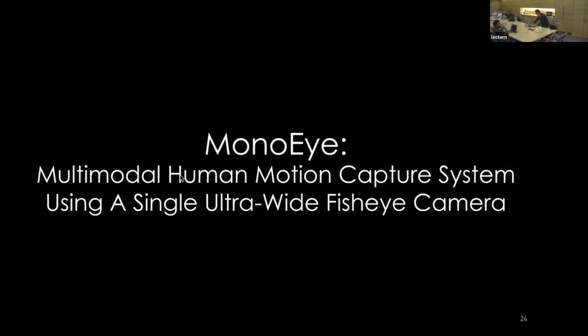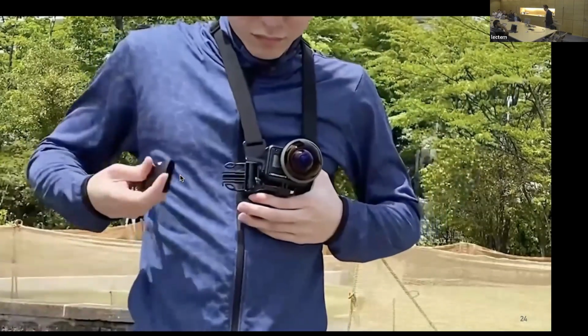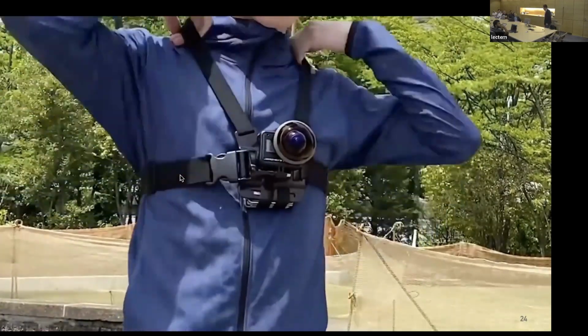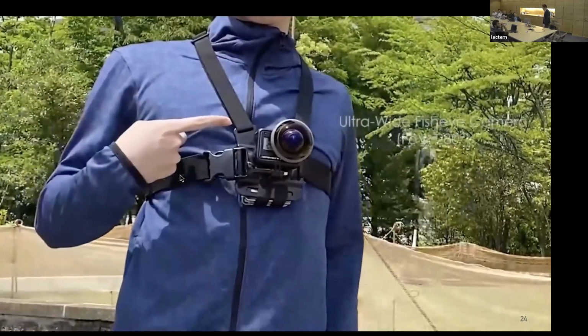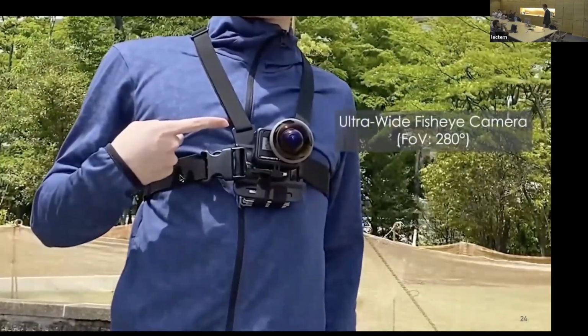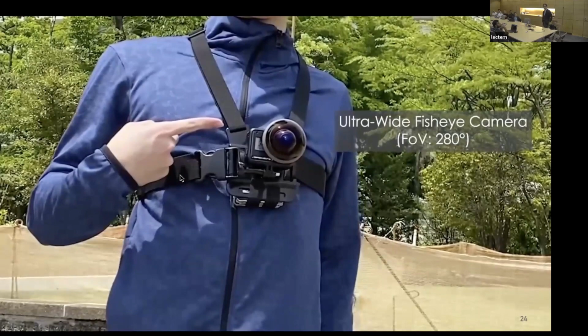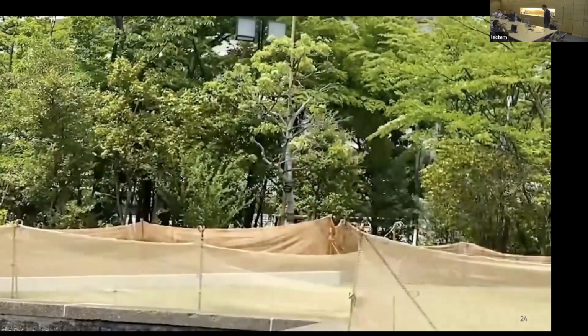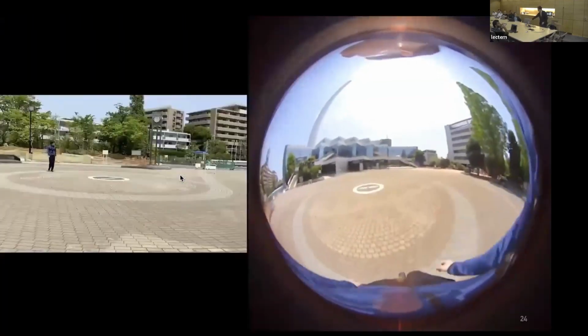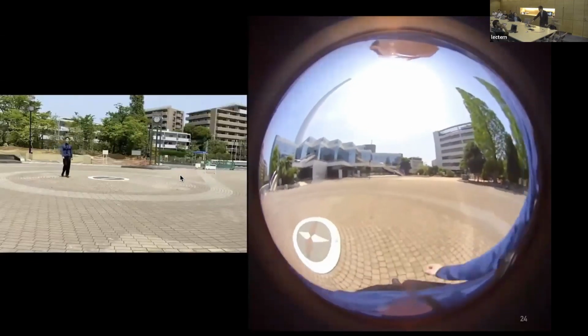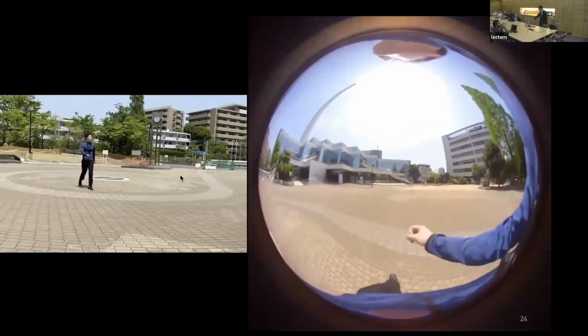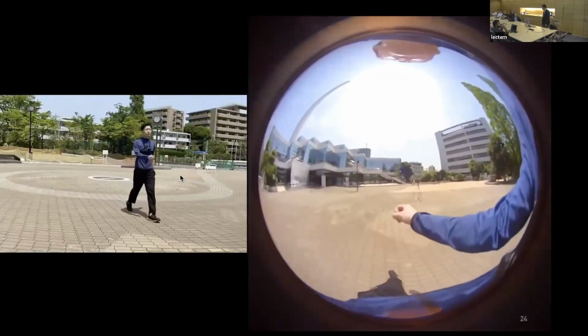We present MonoEye, a multimodal human motion capture system using a single wearable device. The user simply wears a portable chest-mounted camera to use the system, and it doesn't require any markers or calibration procedures. The ultra-wide fisheye lens of our hardware setup has a 280-degree field of view and can capture the user's limbs, lower face, and the surrounding environment.